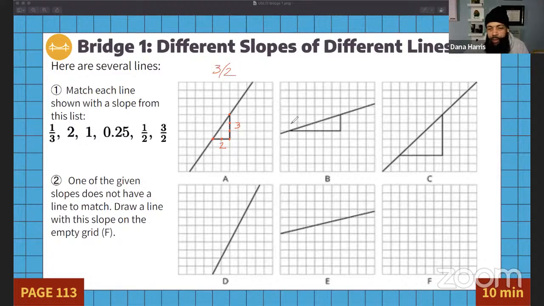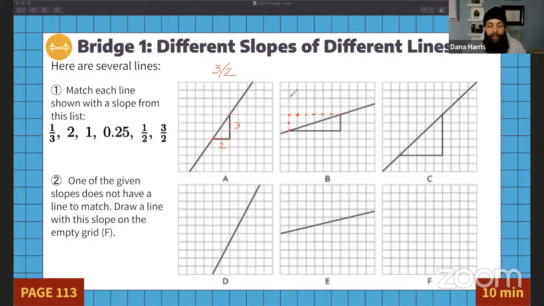When I look at B, let's do this one the other way. We don't have to necessarily trace the triangle. We could, but we don't have to. Let's say this triangle wasn't there. We can still go from this original point up 0, 1, 2, and then over the run, 1, 2, 3, 4, 5, 6.